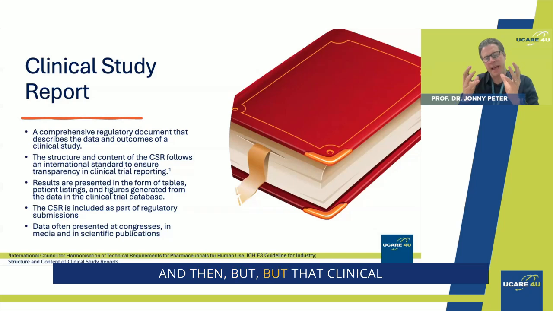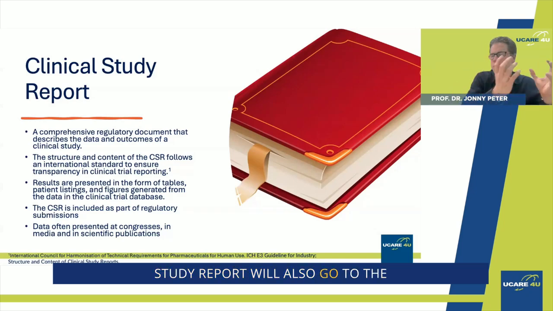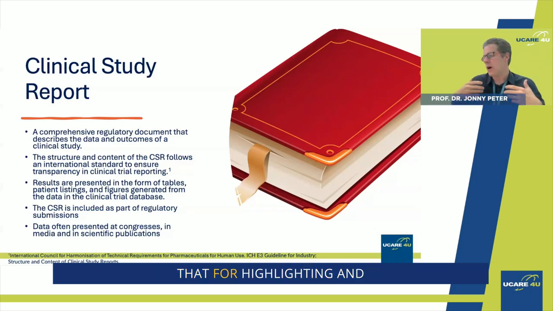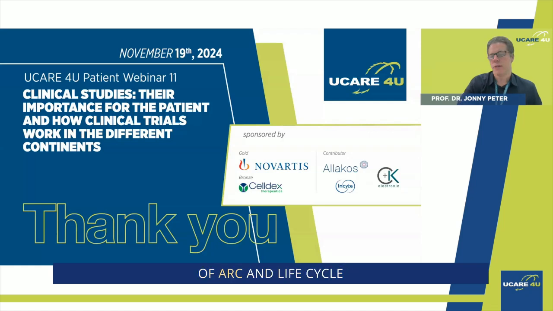And then that clinical study report will also go to the regulatory bodies, and the companies and sponsors can use that for highlighting and looking for regulatory approval for their particular investigational product. And that really summarizes and concludes the arc and life cycle of the clinical trials.